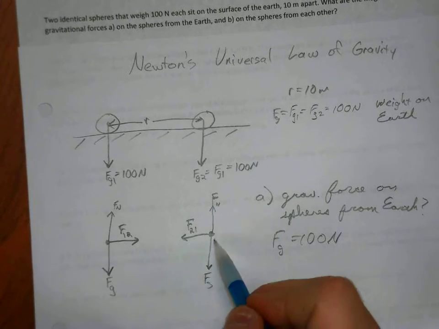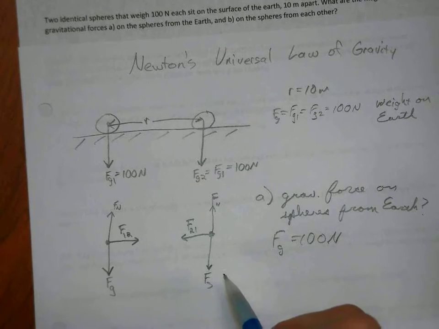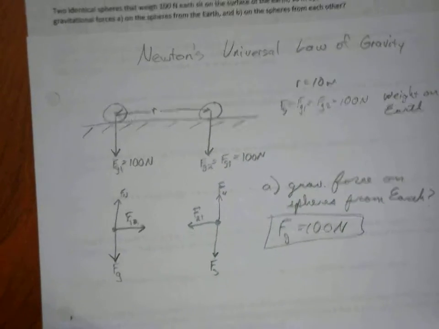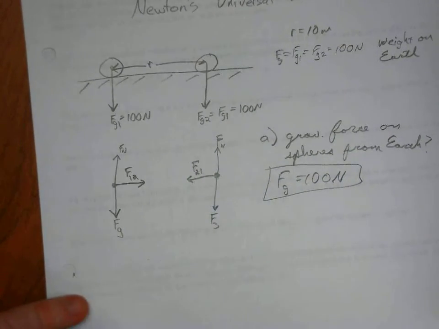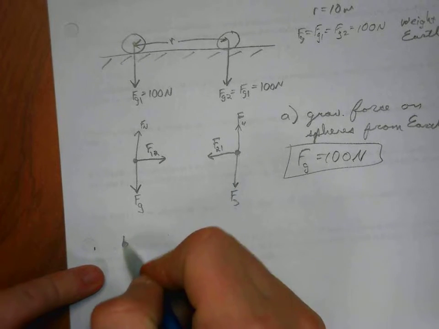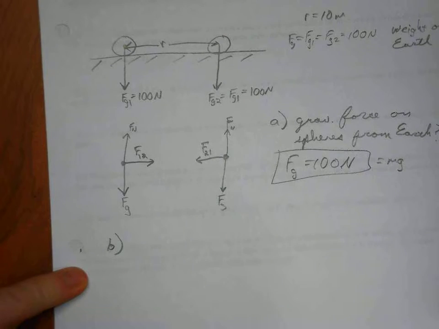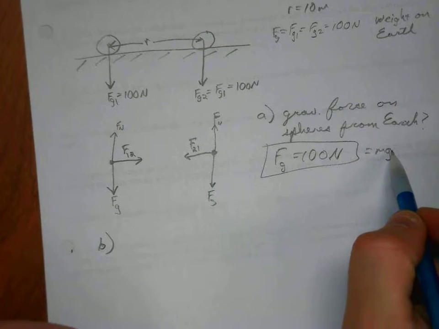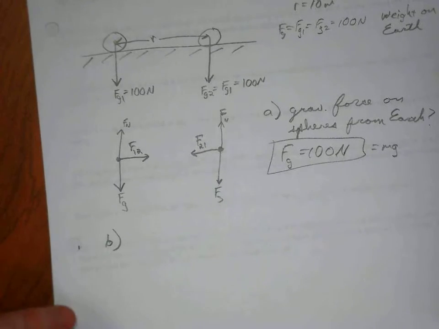So that means that is the pull on the object from Earth. Simple as that. And they're both equal because they're identical spheres. So that part was fairly easy. And we also know Fg equals mg because we're on the surface of the Earth. So the force of gravity on the surface of the Earth is always mass times the acceleration of gravity, which applies only on the surface of the Earth. I know I said that like 3 times. I'm trying to get my point across.